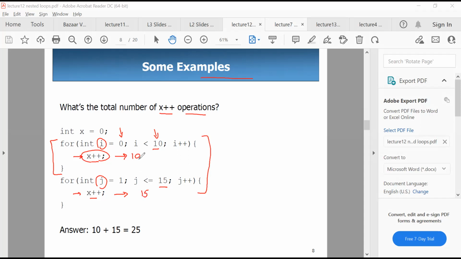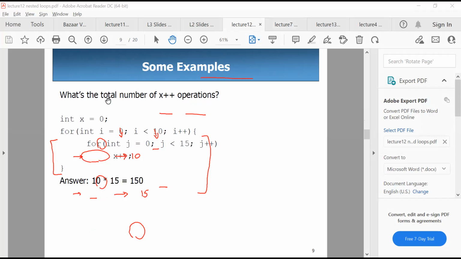So the total number of executions of x plus plus is 10 plus 15. You run 10 times here and 15 times here, so in total 25 times. It's easy? Okay, good. So we move to the next.